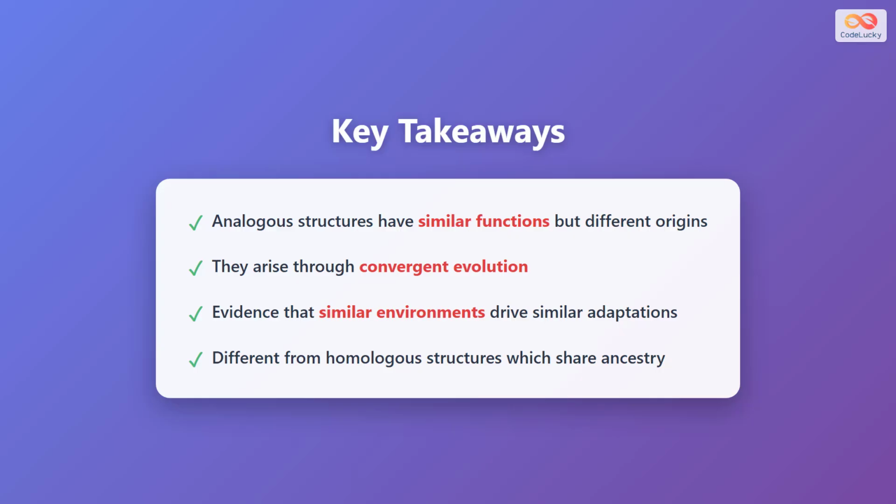Let's summarize what we've learned about analogous structures. First, analogous structures perform similar functions but have different evolutionary origins. They didn't come from a common ancestor. Second, these structures arise through convergent evolution, where different species independently evolve similar traits in response to similar environmental pressures.